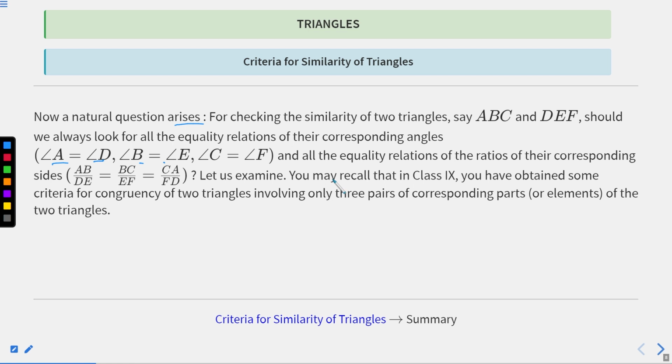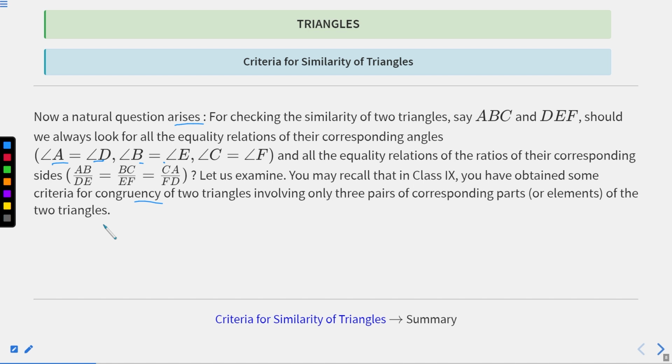So let us examine. You may recall that in class 9th, you obtained some criteria for congruency of two triangles involving only three pairs of corresponding parts or elements of the two triangles.